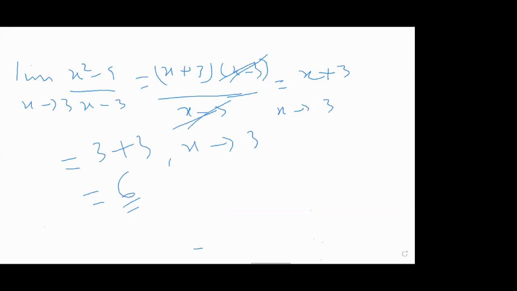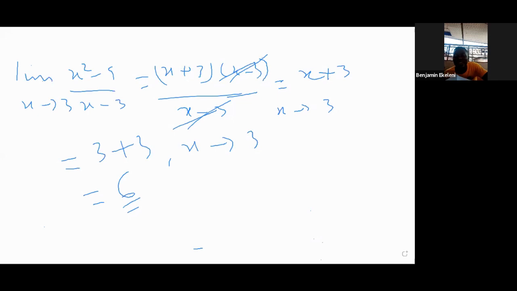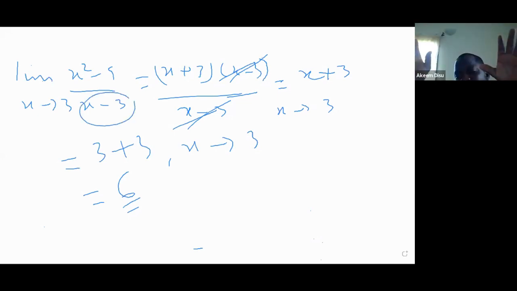Why was it just the x squared minus 9 that was expanded? Couldn't we have also expanded the x minus 3? You know, x minus 3 is in its simplest form. It cannot be expanded.